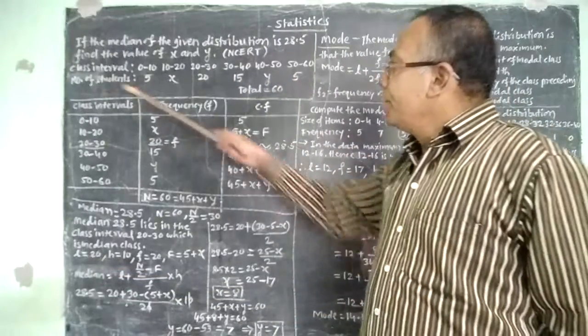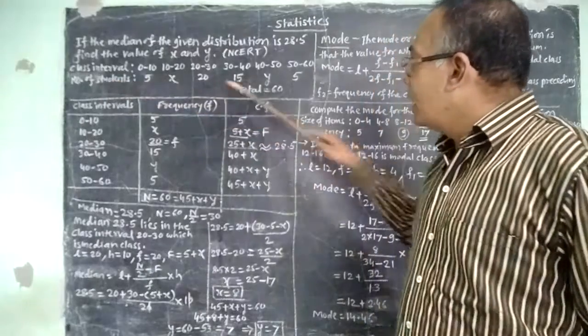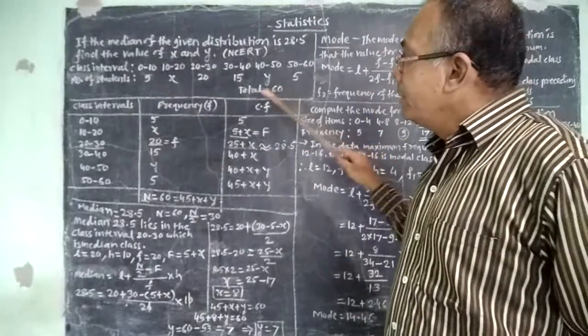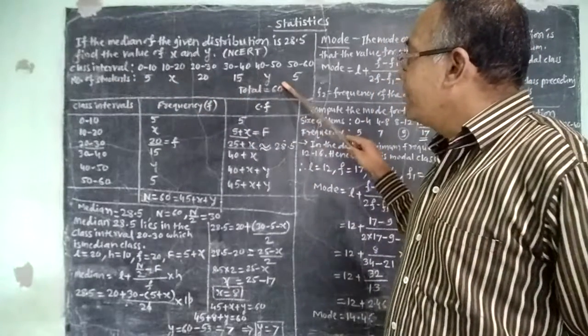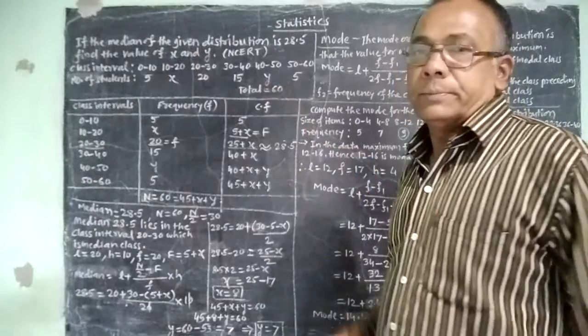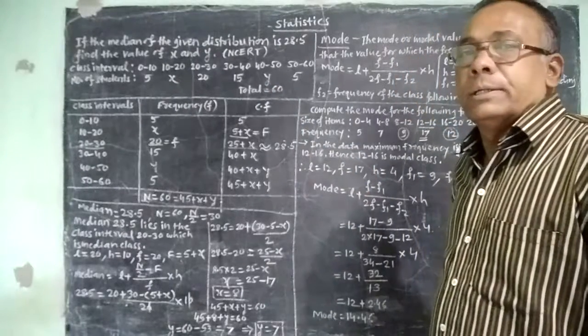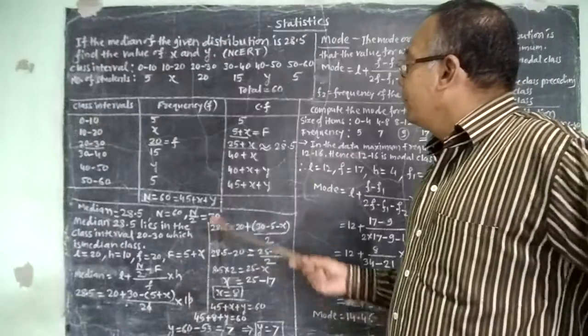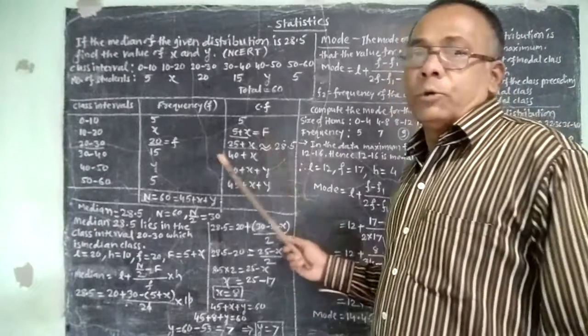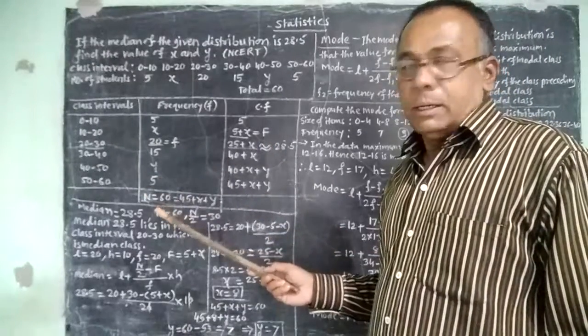But the total number of students is 60, which means the sum of the frequencies is 60. Now we will write the cumulative frequency table.